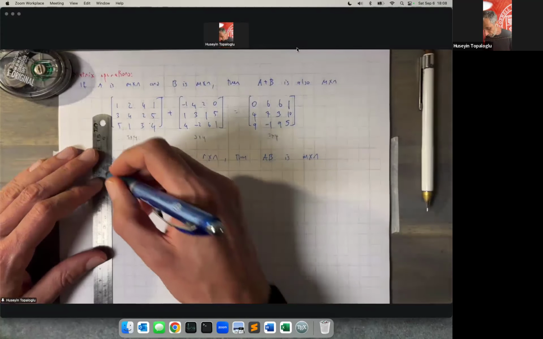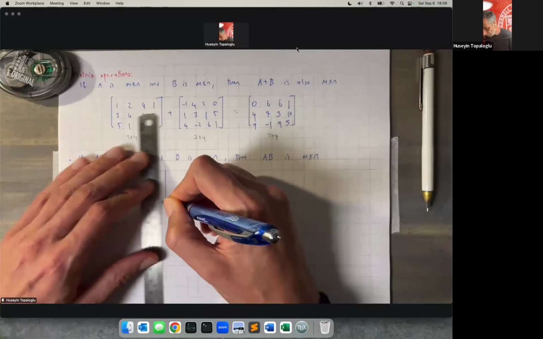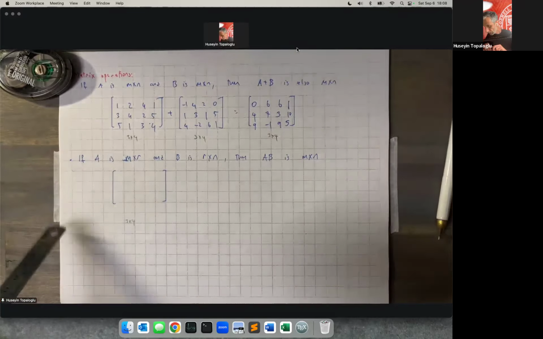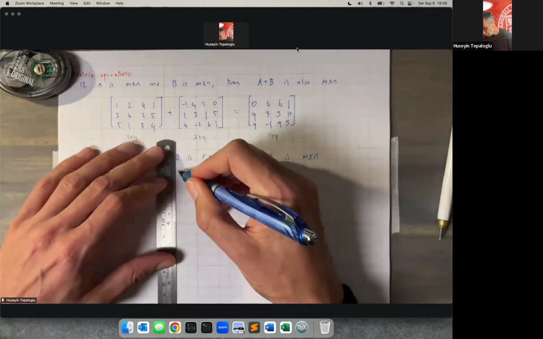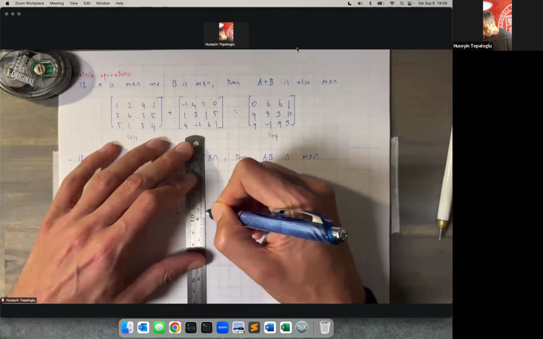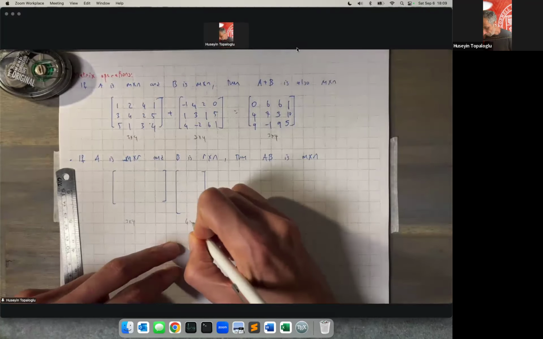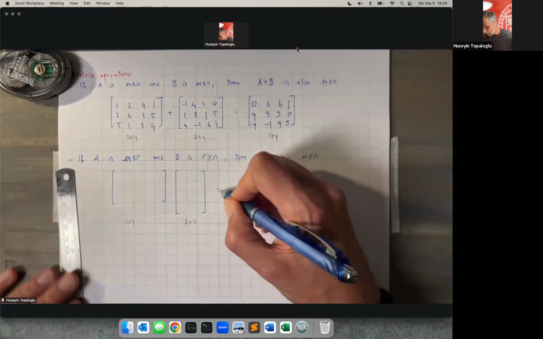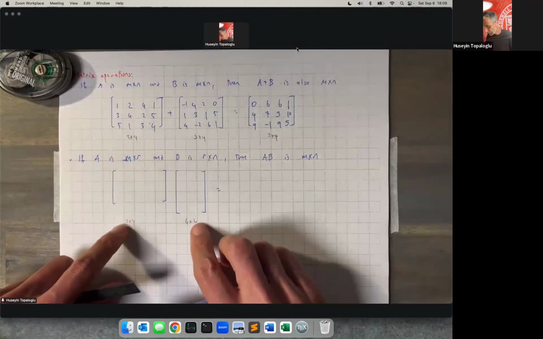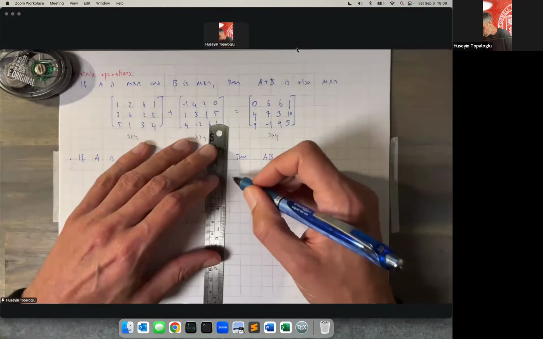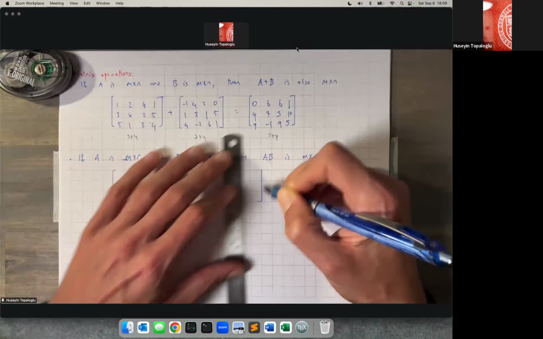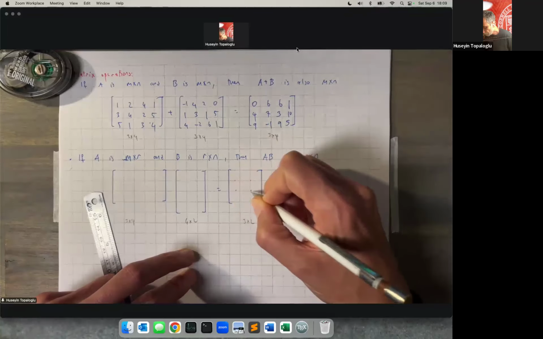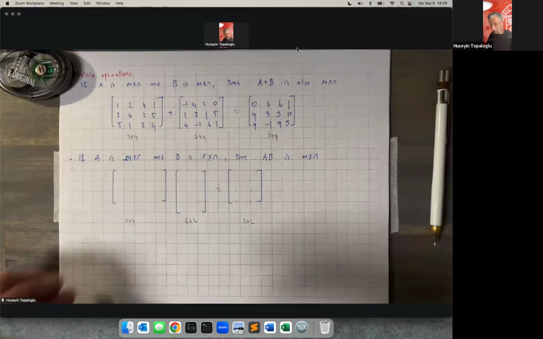Let's take a 3x4 matrix. And let's take a 4x2 matrix. And the inner dimensions of these two matrices match, so we can multiply that. And if you multiply these two matrices, the dimension of the matrix that we end up in is going to be 3x2. 3 rows, 2 columns. Okay, let's take an example.